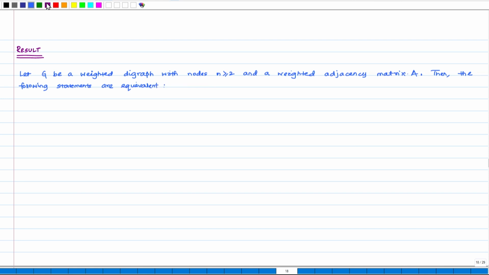So, what are the two statements? The first one says G is strongly connected and aperiodic.